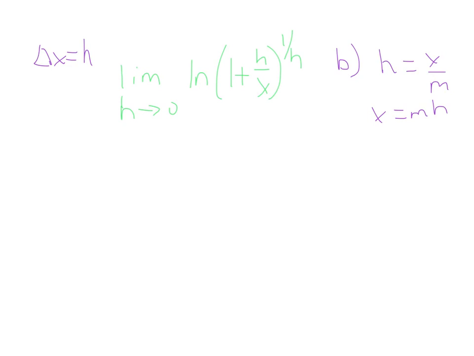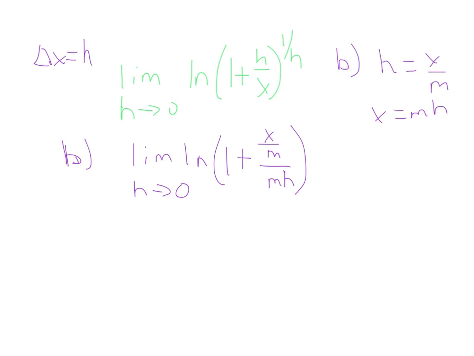So what we would do then for part B is we would take this equation and we would replace the h with x over m and the x with m times h, and the 1 over h would become 1 over the x over m.